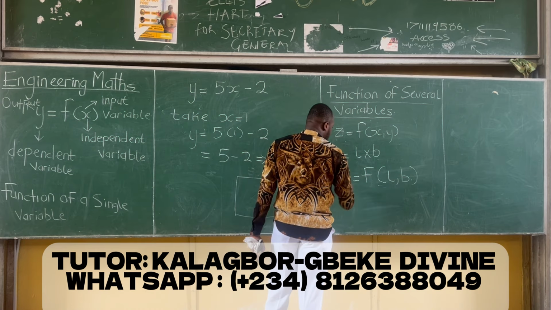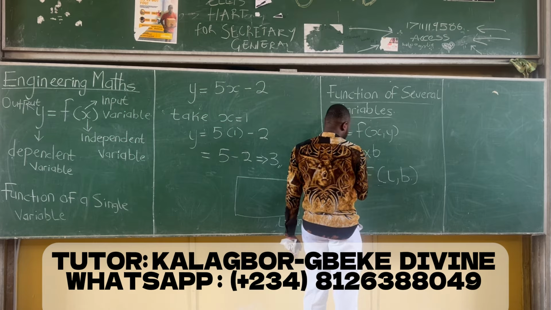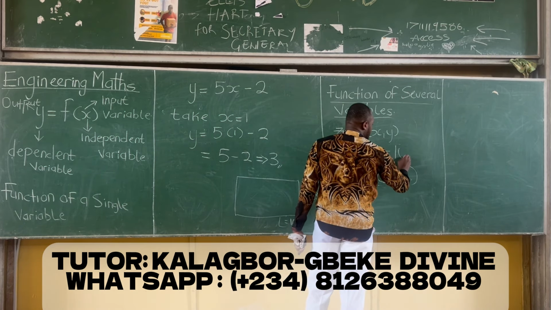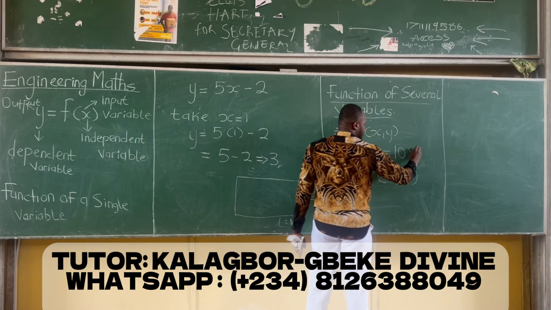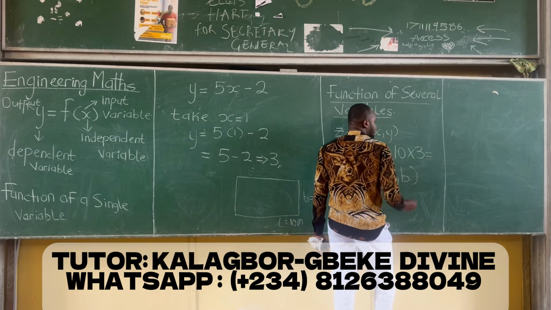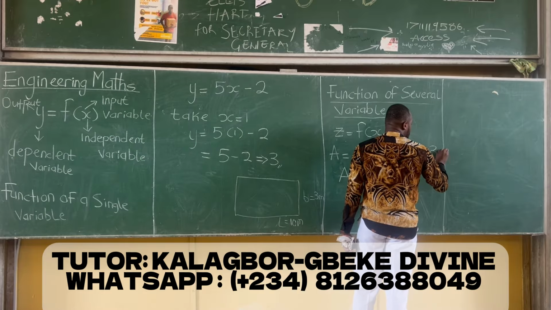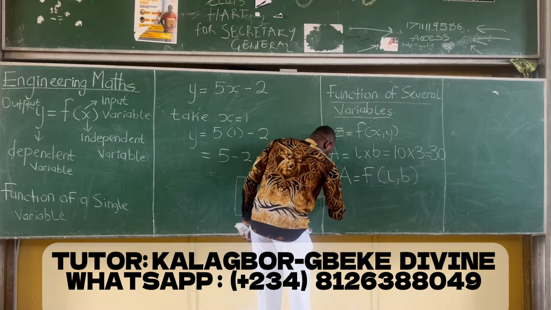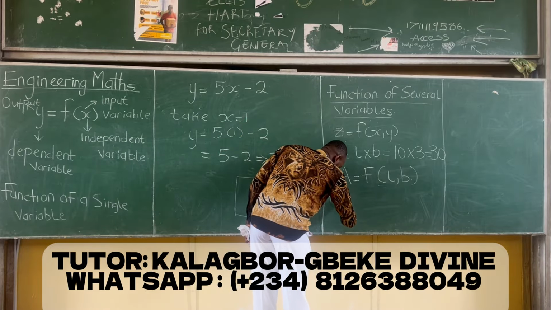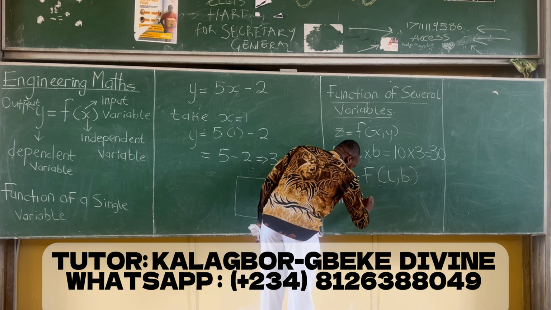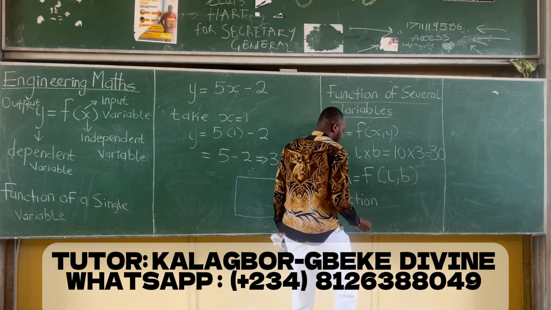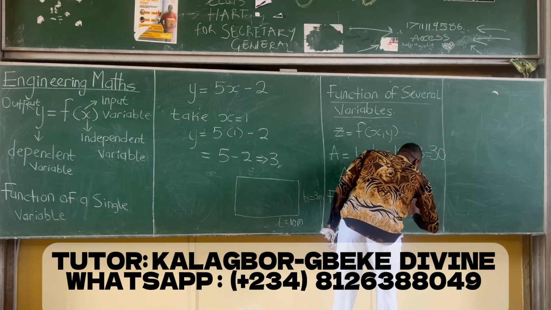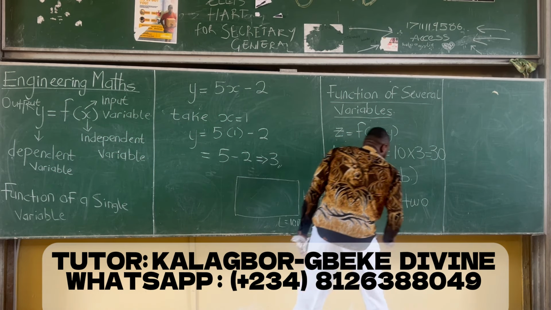So if we want to get the function, we will now have that area A will be equal to L, which is 10, times B, which is 3. So our area will be 30, right? So that's what it means by a function of two variables.